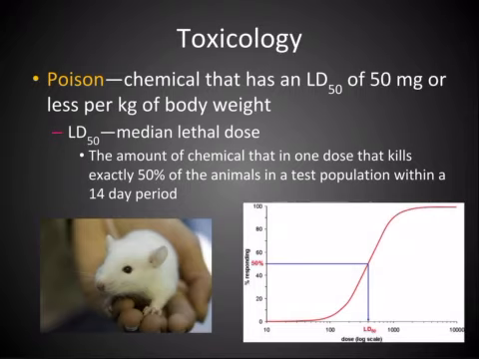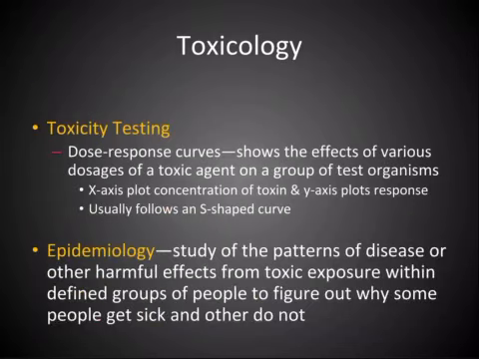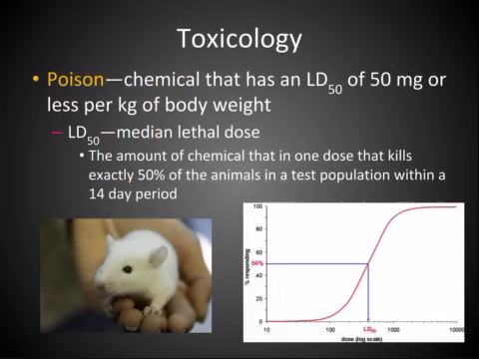It means you probably have a 50% chance of having a lethal reaction. All right, so these dose response curves show the effects of various dosages of a toxic agent on our test organism. So I'll go back to that graph in just a second, but on the x-axis is the concentration of the toxin, the y-axis is the response, and it's usually that S-shaped curve.